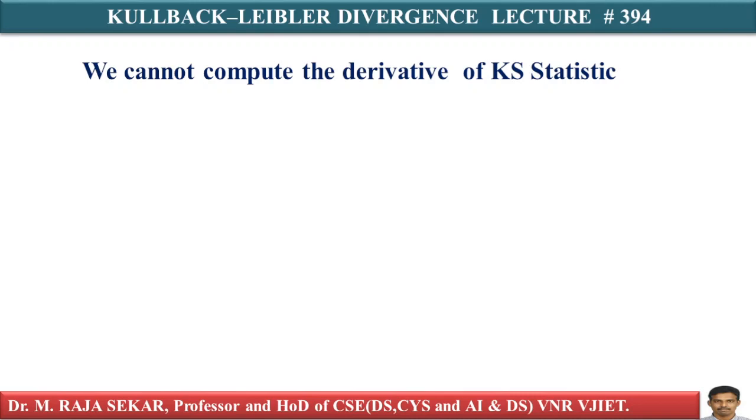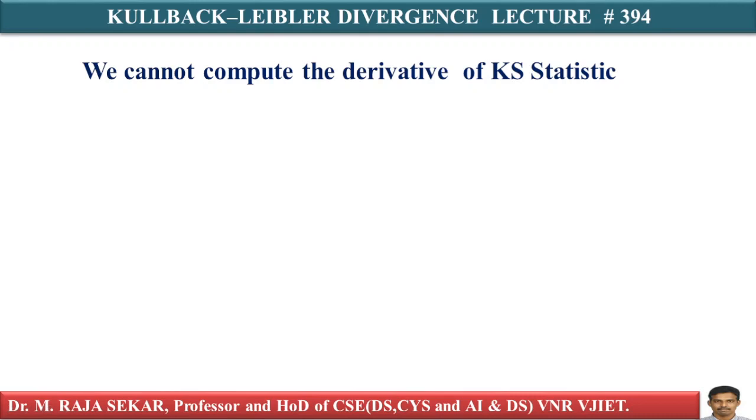Even some of the deep learning concepts that we will study later are all optimization based, which means I can't use K statistic here because it's not differentiable. So what do I need? I need a distance measure which is differentiable, because the moment this is differentiable, it is brilliant because I can use it as a loss function.